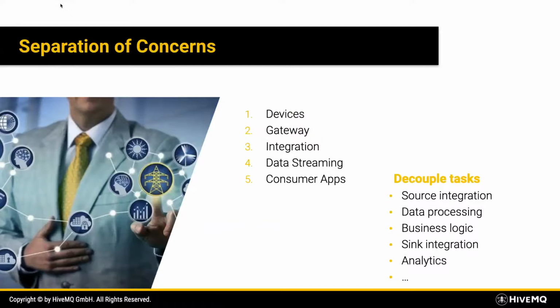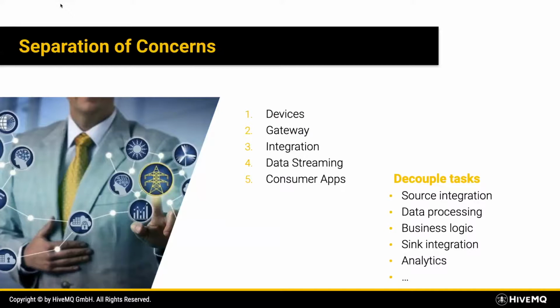I've seen this approach before, just building a huge data lake and then afterwards figuring out what to do with the data. It's really better to decouple your tasks, look at your source integrations, and do the data processing as early as possible, like we showed in the architecture using a technology like KSQL. It is absolutely perfect for this.